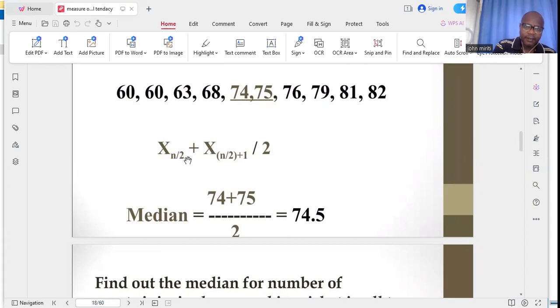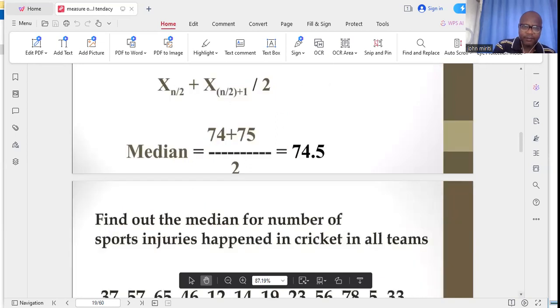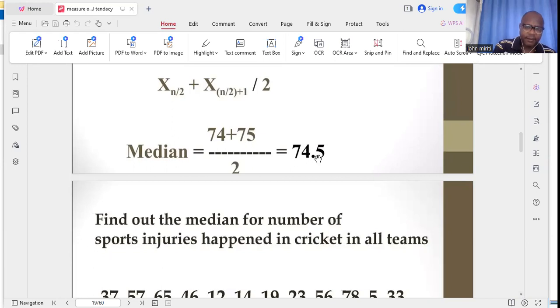74 divided by 2 plus 75 divided by 2 plus 1. So this is the formula. We say that 74 plus 75, divided by 2, gives us 74.5 as the median.